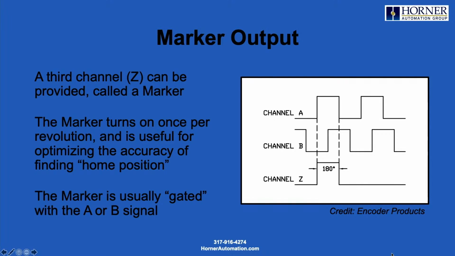For a linear application where you are moving from one location to the other, it's going to take many, many revolutions of the encoder, so it's not quite as useful to have a marker.